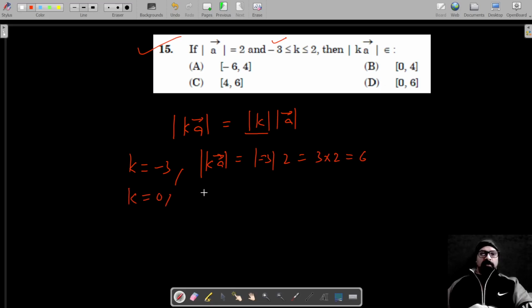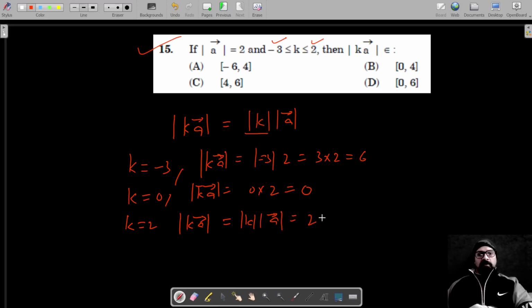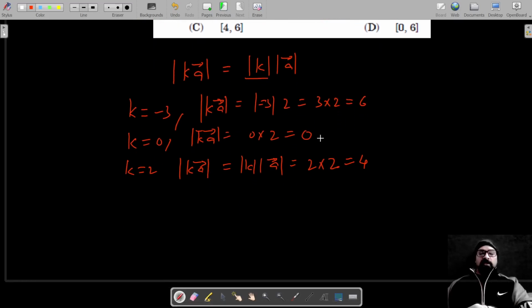And when k is equal to 0, this becomes 0 into 2, which is equal to 0. Let's take the highest value, which is 2. When k is equal to 2, the modulus of k into A is 2 into 2, which is equal to 4.